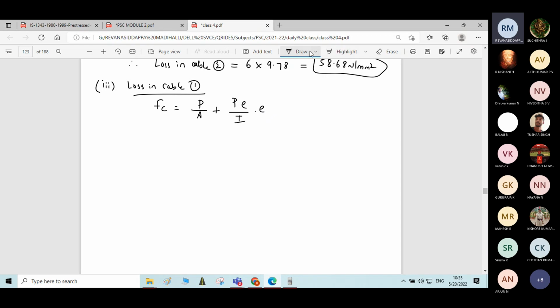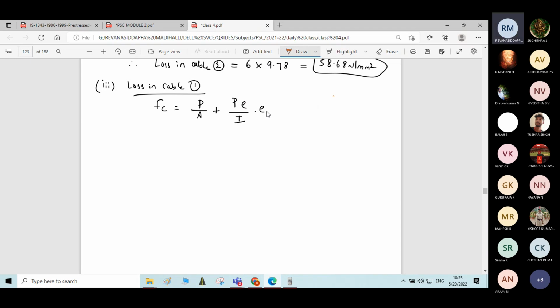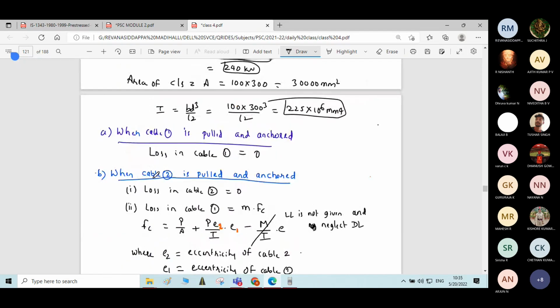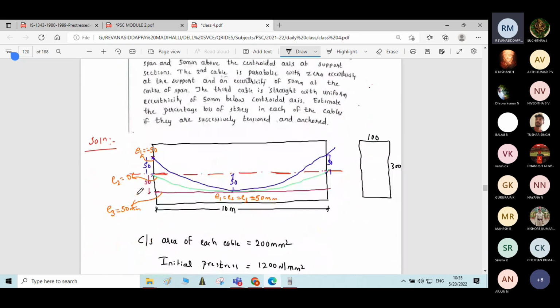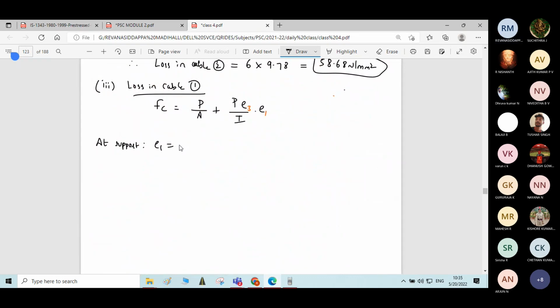Now, you are calculating loss in cable 1 when cable 3 is pulled and anchored. So E3 and E1 you need to substitute. Therefore, at support, E1 is equal to minus 50 mm and E3 is equal to plus 50 mm.